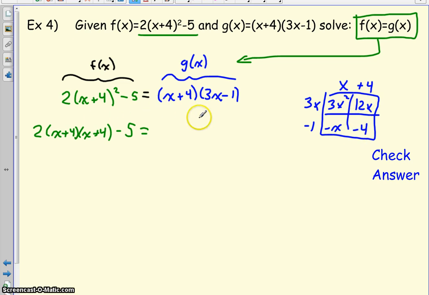Okay, so unless I made any mistakes there, this array, these two binomials expand to 3x squared plus 11x minus 4. Okay, and on the left side here, I still have to expand out this x plus 4.